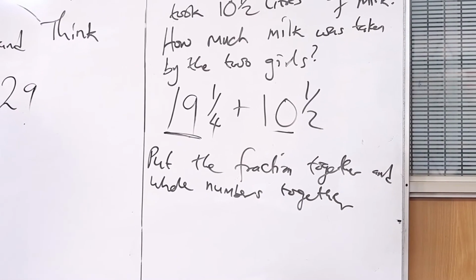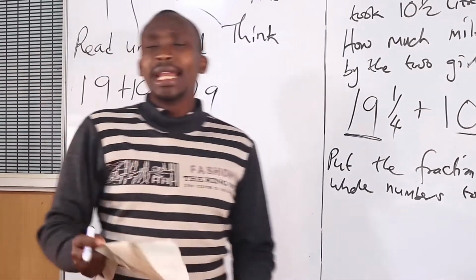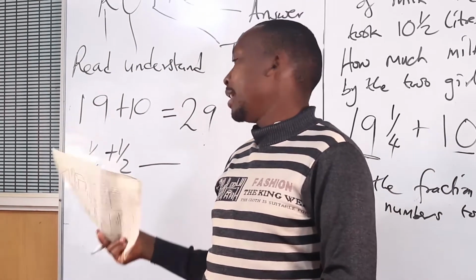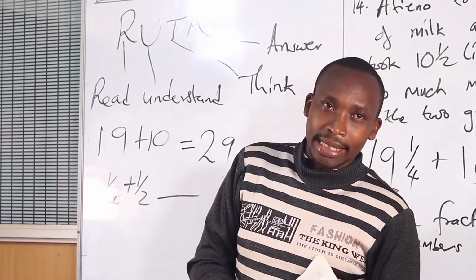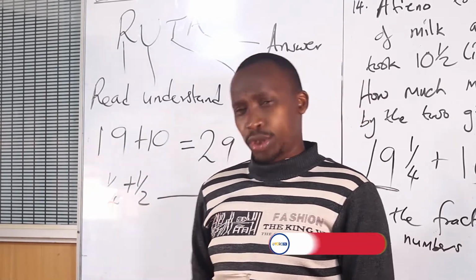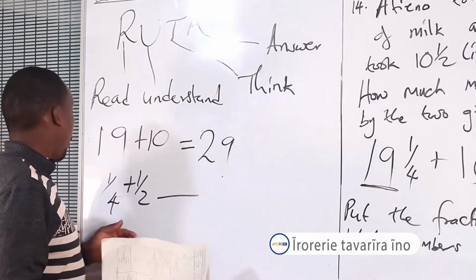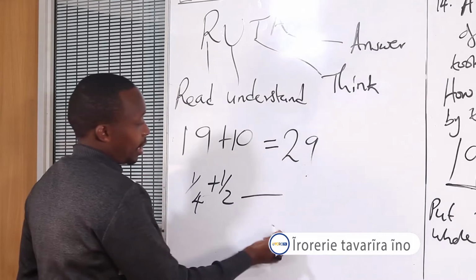A quarter plus a half. We learned in class 5 when we are told to add fractions without similar denominators, we are supposed to find the LCM. Find the LCM of 4 and 2. What is the LCM of 4 and 2?